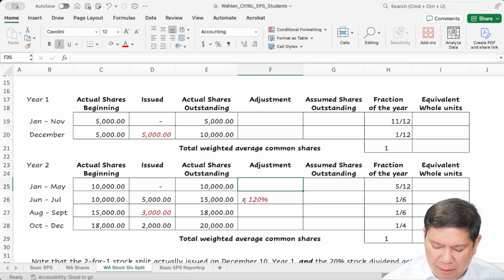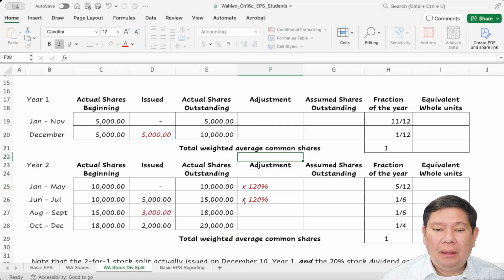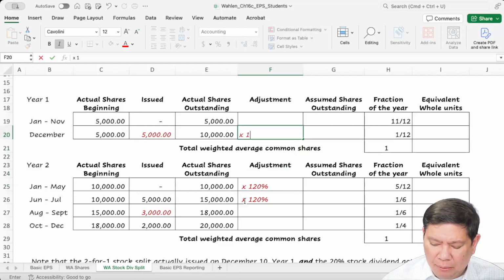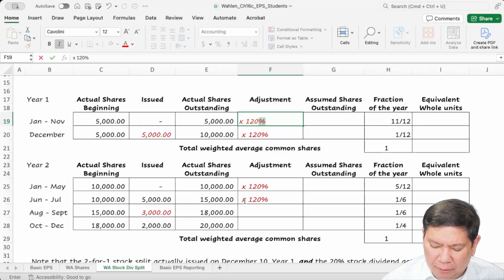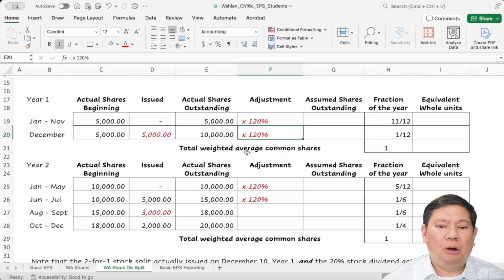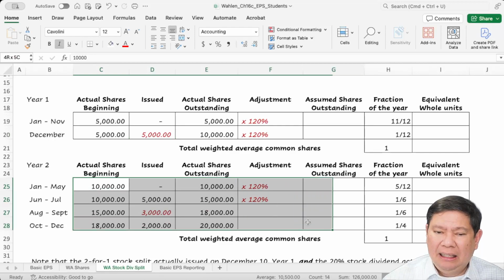So assume all those shares receive 20% more due to the stock dividend. And the periods from the stock split forward are already affected by the stock split.